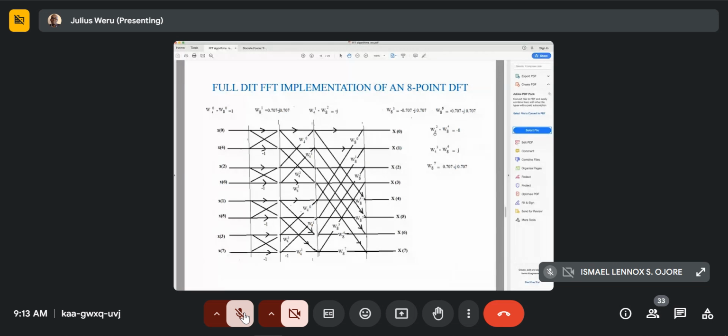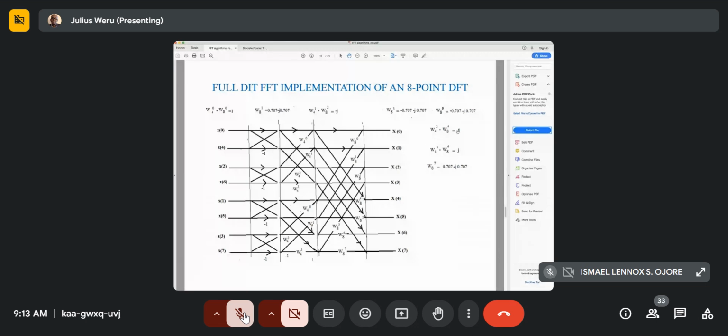W4 to the power of 2, W2 to the power. I'm trying to see why I'm getting minus 1. I think that W2 to the power of 1 should be minus 1 also.